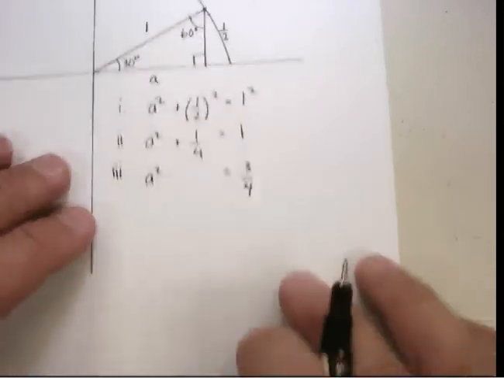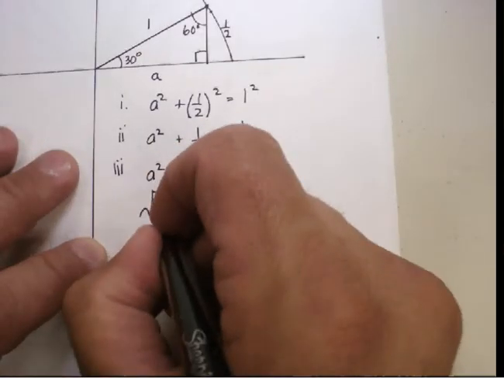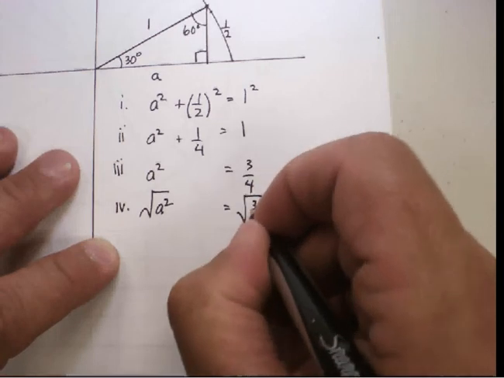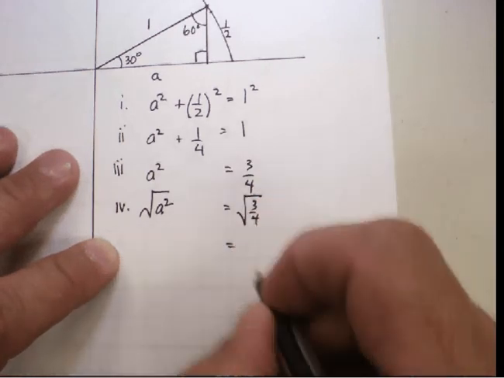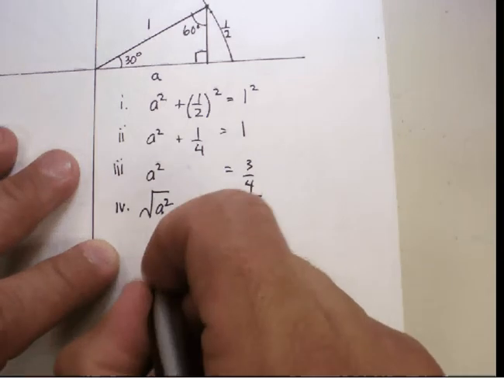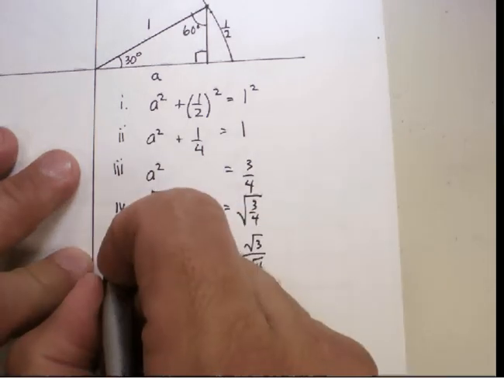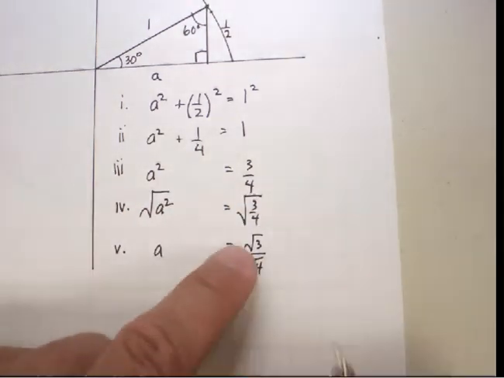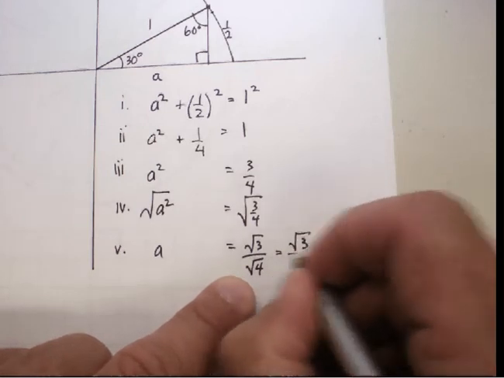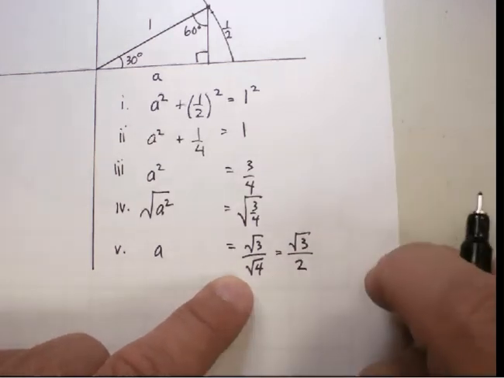Let's take the square root of both sides. And again, remember, you can divide that into the square root of 3 over the square root of 4. See how algebra comes into here real easily? Now, we happen to know that the square root of 4 is 2, and radical 3 stays radical 3.